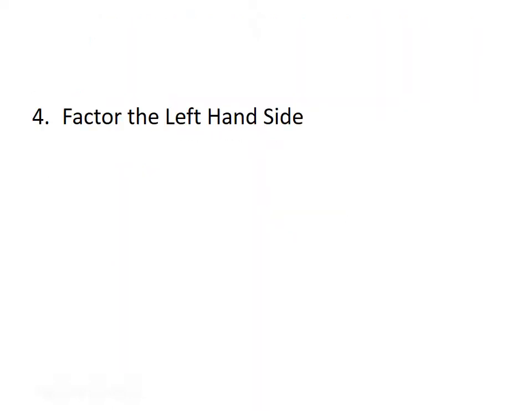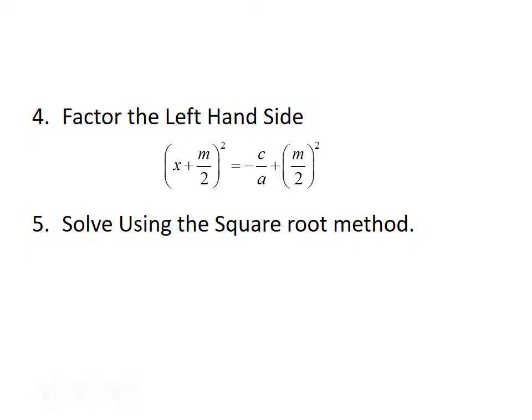Once we've completed the square, the left-hand side should be able to be factored into a perfect square. So we would have x plus m over 2 quantity squared equals negative c over a plus m over 2 squared. And finally, we can solve the equation using the square root method. So take the square root of both sides and then solve for both the positive and negative values of the resulting problem.